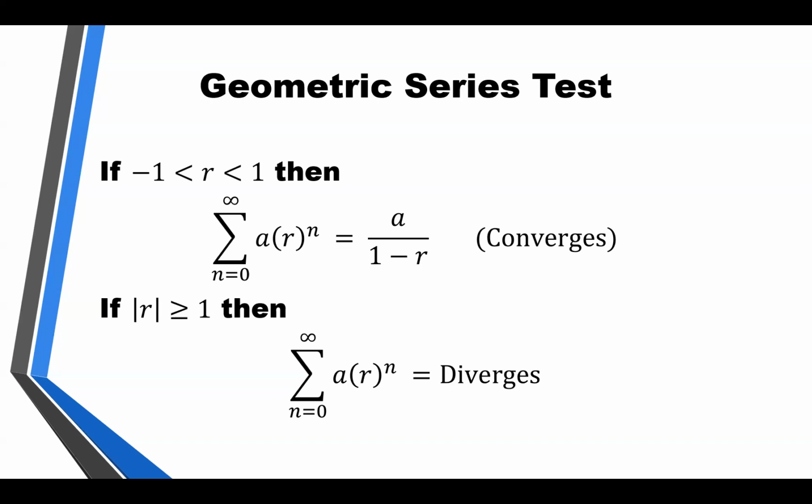In that previous video, we said that for limits of an exponential function, if our base is between -1 and 1, then the terms are going to have limit 0. If the base is above 1, then the terms are going to go off to infinity. If the base is below -1, then the terms alternate, and then they go off to infinity in absolute value. So this is the geometric series test.